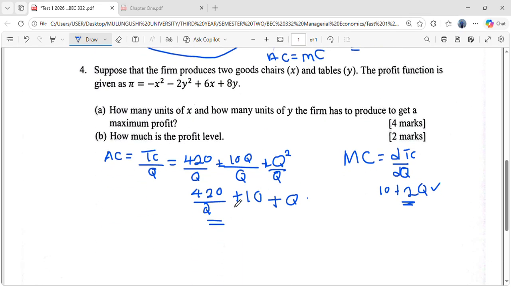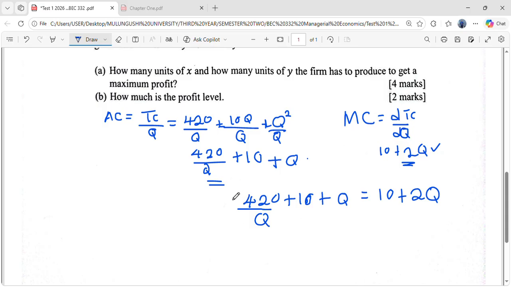So from here, remember, we are talking about cost minimization. Average cost should be equal to marginal cost, meaning it will be 420 over Q plus 10 plus Q is equal to 10 plus 2Q.